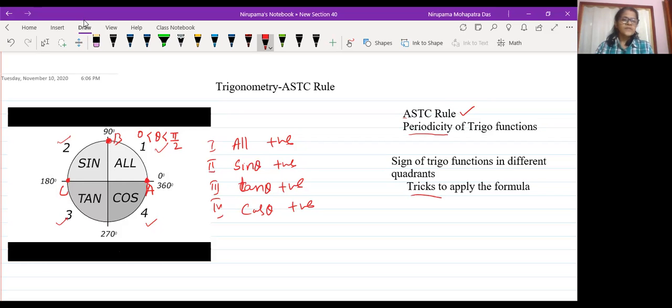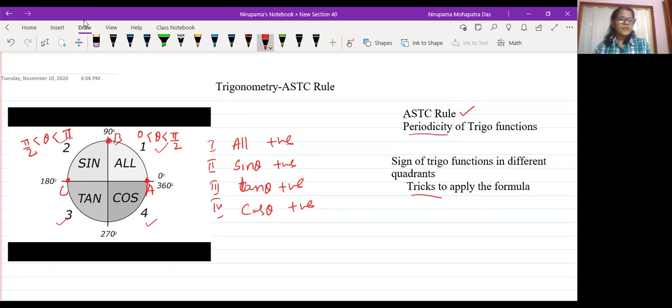Now the second quadrant is between 90 degree and 180 degree, so the angle lies between pi by 2 and pi. Any angle more than 90 degree and less than 180 degree, for example 120 degree, will be an angle in the second quadrant.